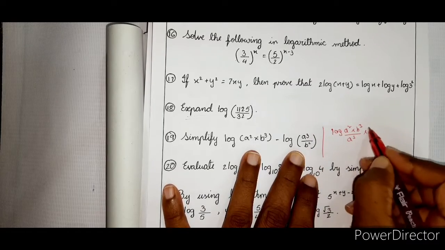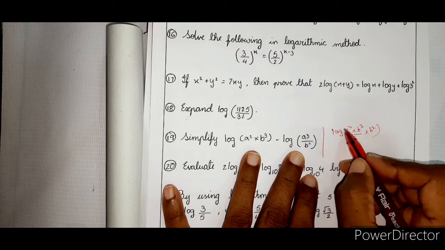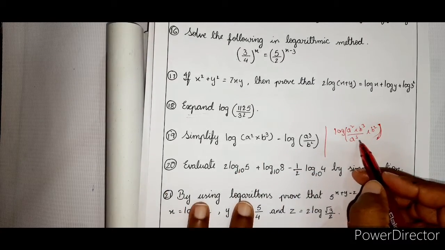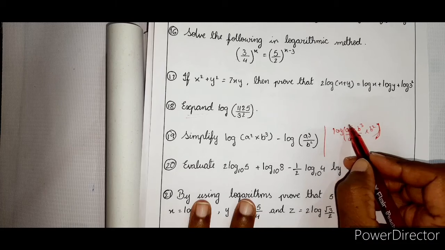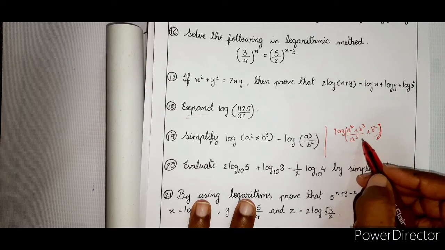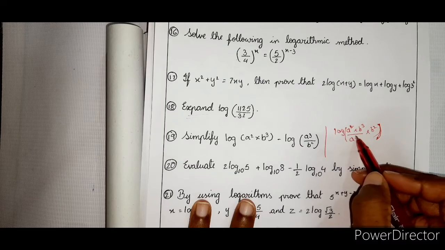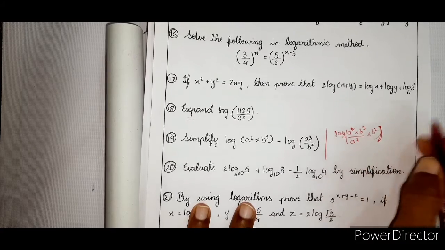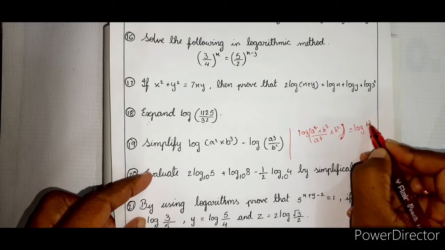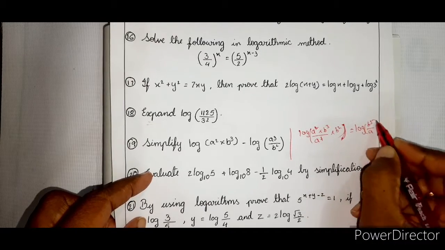Reciprocate, that will become b square by a cube. This is how we got it. So now a cube means a square and 1a, b power 5 by a. So that is equal to log b power 5 by a.